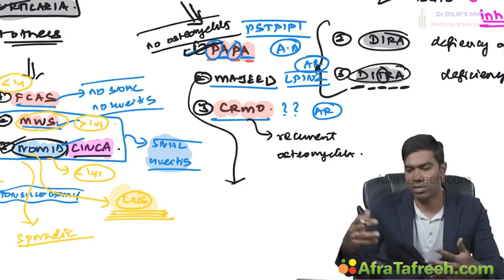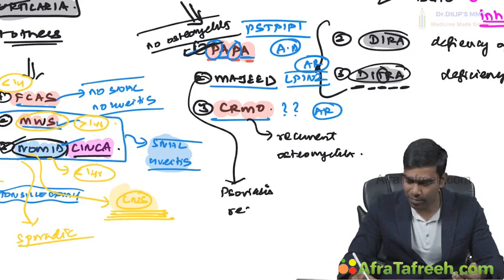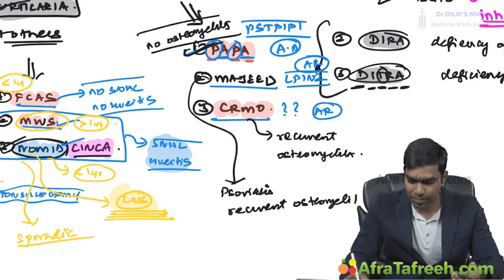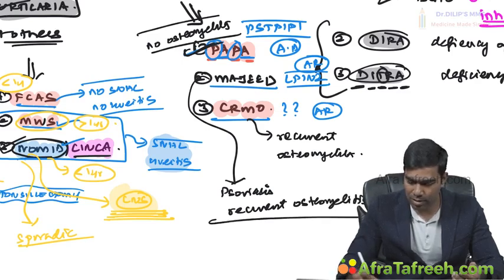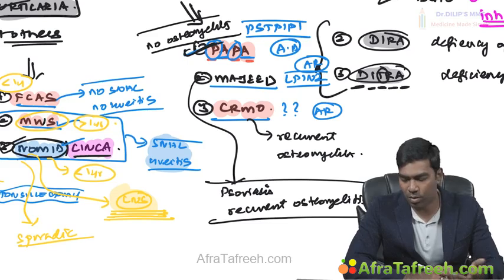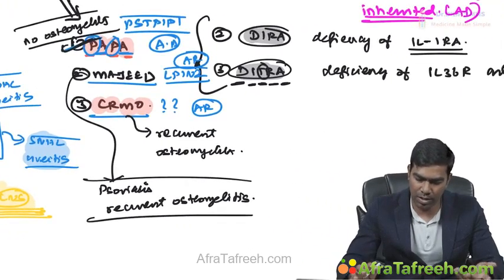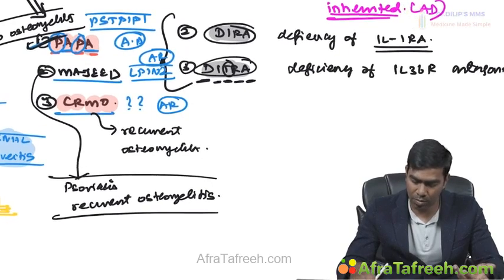Majeed syndrome has a mixture of features of both CRMO and Papa syndrome: the patient will have psoriasis and also recurrent osteomyelitis. In Papa syndrome, you don't have osteomyelitis, and in CRMO, you don't have psoriasis. Whereas Majeed syndrome will have psoriasis, along with recurrent osteomyelitis. So this is how you differentiate Majeed syndrome.